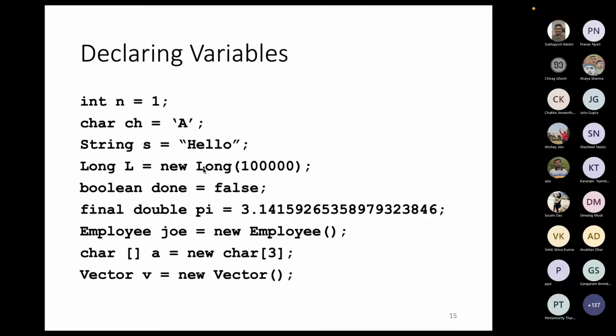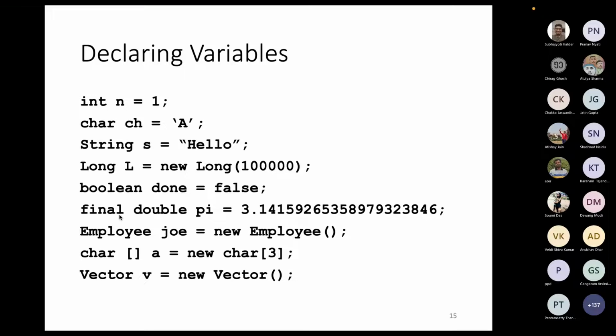So similarly, you can have Boolean false. You can use different keywords like final. Final basically means that this will not change. So the value of pi will not change after this.